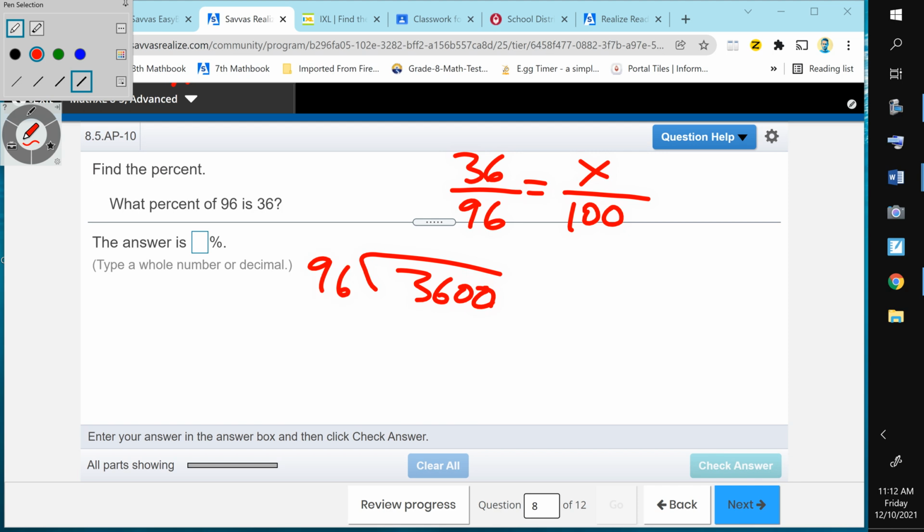I'm going to guess 5, 4, 3, 2, 1, 27, 28. And then when I subtract, I get 12, 72.